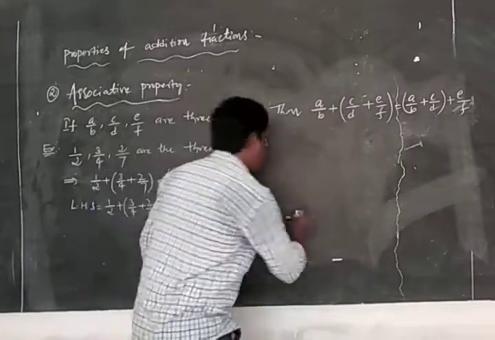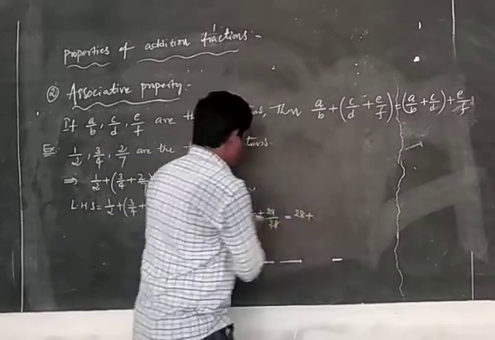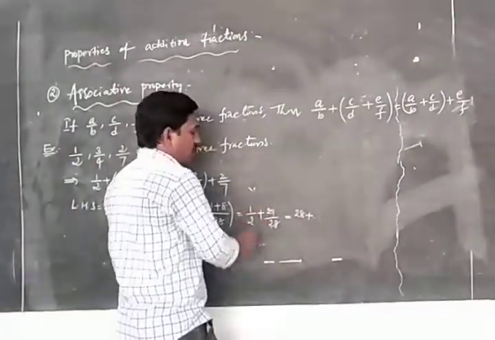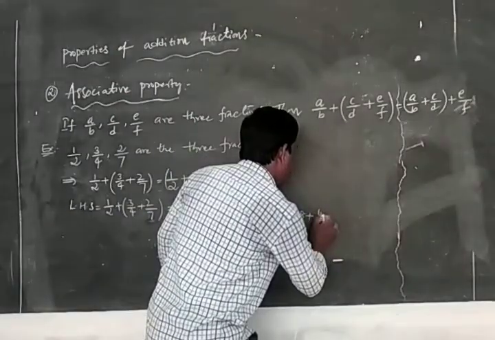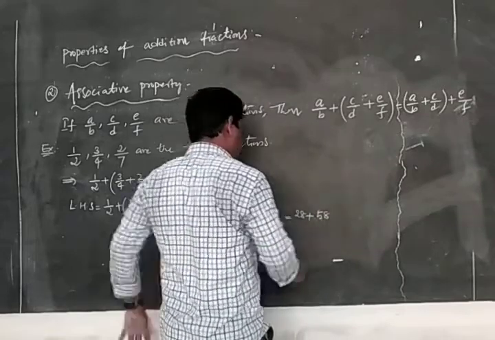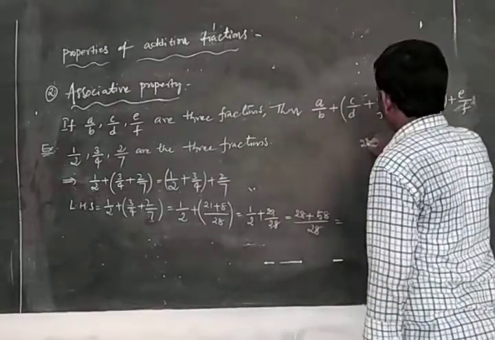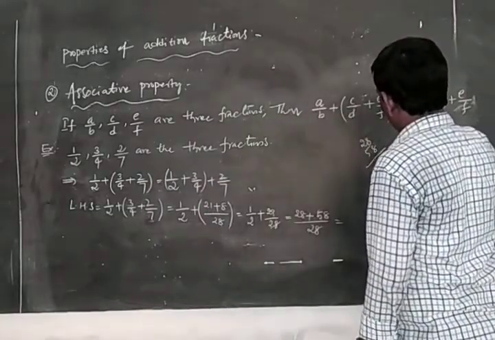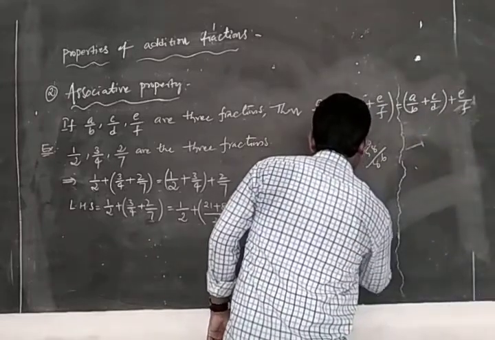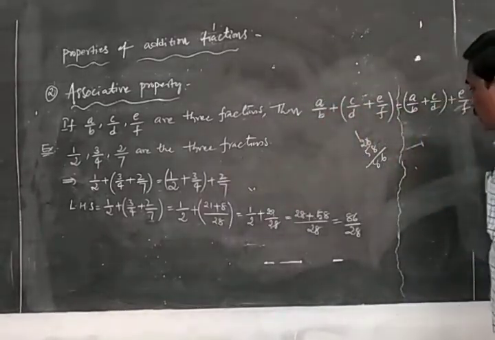Again cross multiplication: 1 into 28 is 28, 2 into 29 is 58, over 56. 28 plus 58 is 86, 86 by 56.